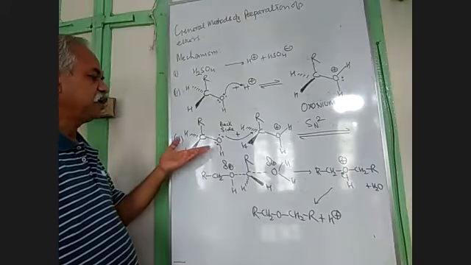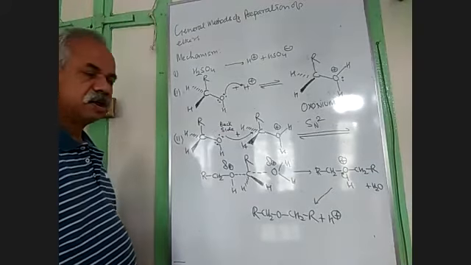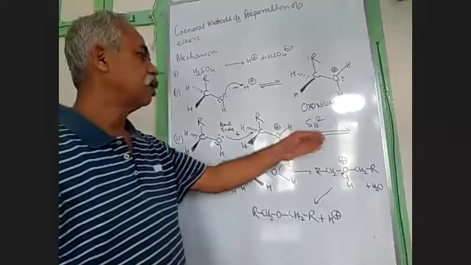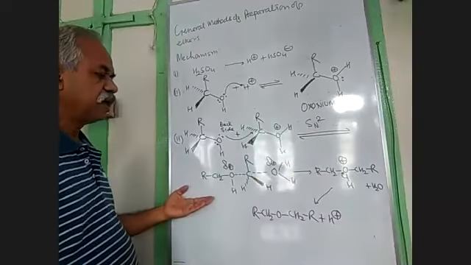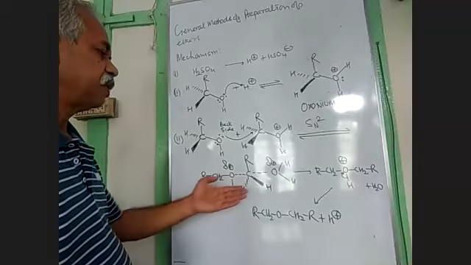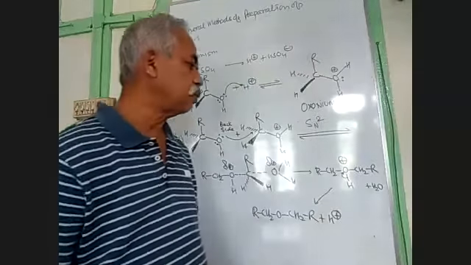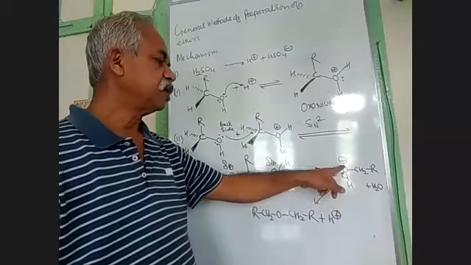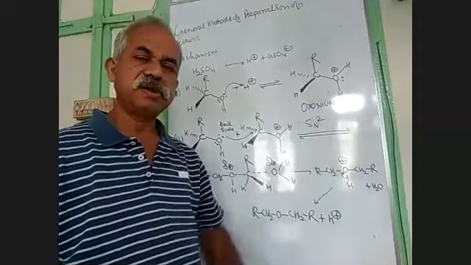Then it is attacked by another alcohol molecule, not from the front side but from the back side. So you call it an SN2 reaction. It forms a non-polar transition state, and ultimately a molecule of water goes out and it forms another oxonium ion. From there the oxygen-hydrogen bond breaks and the hydrogen ion goes out.